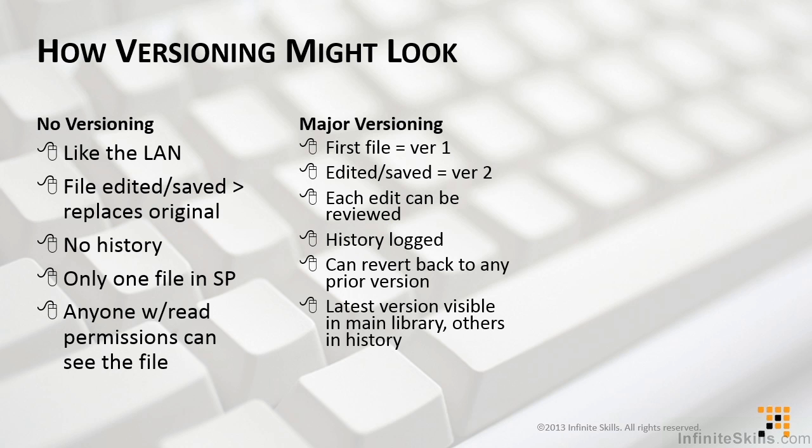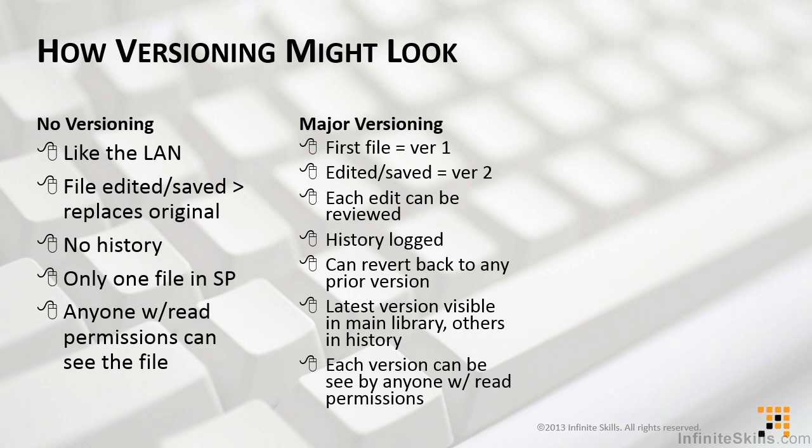The latest version is visible in the main library. All of the other versions are going to be visible by accessing the document's history, and we'll see how to do that when we do our demo. Each version can be seen by anyone with read permissions. So in that aspect, it's similar to no versioning, except now we do have copies every time a change is made.